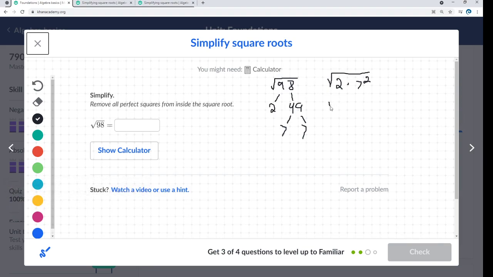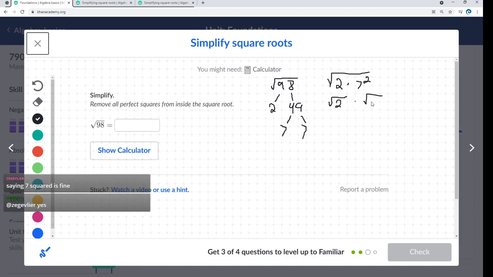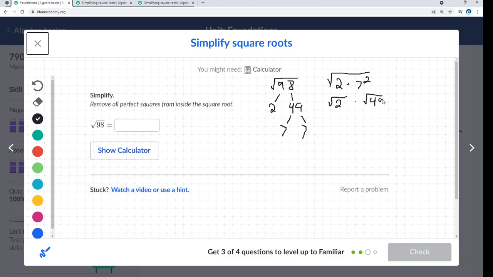Which is pretty much this, right? 7 times 7 is 49. Right? So if we do the math, that's 49. And then square root of 49 is 7.